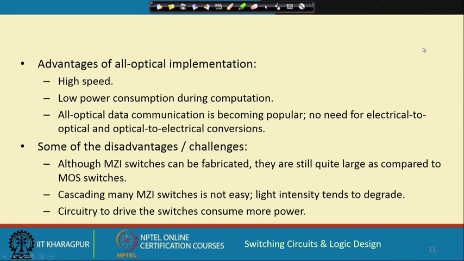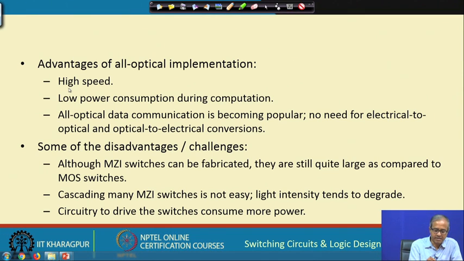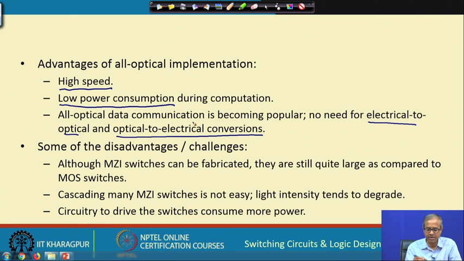So, some of the advantages here: because light is very fast, you can have high speed computation, power consumption will be low, because everything is depending on the flow of light only, no other circuits are required, and because we are already doing optical communication, electrical to optical and optical to electrical conversions are not required if you can do everything in optical.